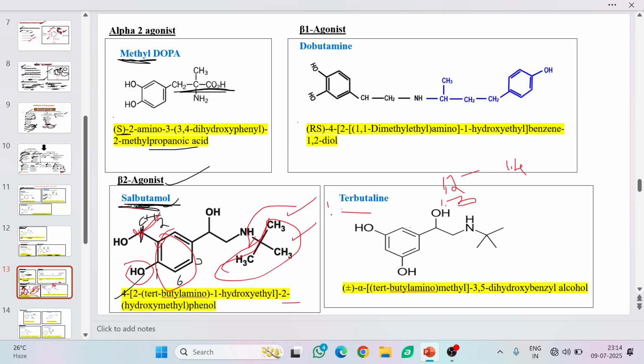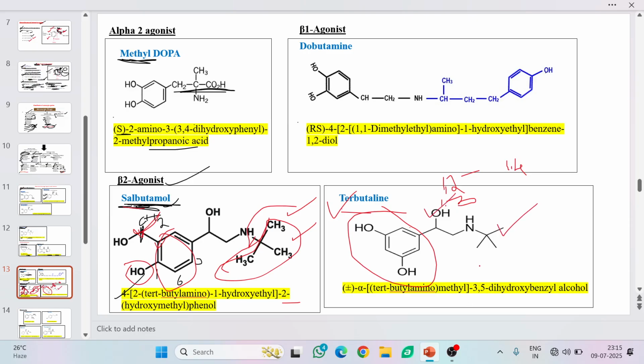So they may ask a question: in terbutaline, which ring is present? You have to answer that in case of terbutaline, there is the presence of a resorcinol moiety. The basic ring is resorcinol. No need to remember the IUPAC name. You just understand resorcinol with these hydroxy groups and this tertiary butyl.